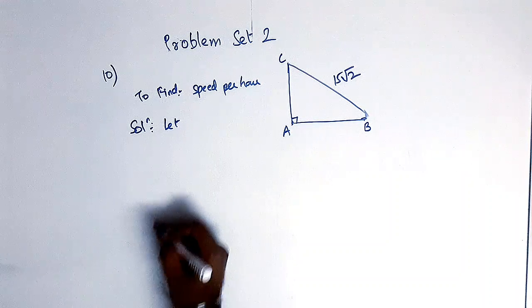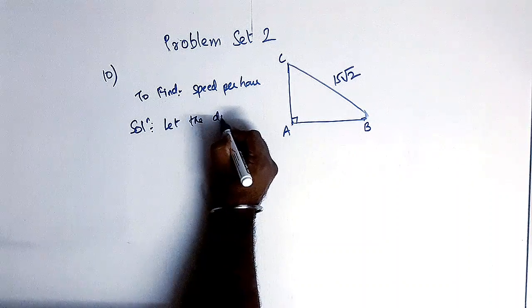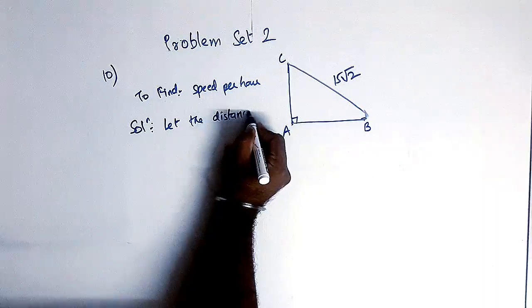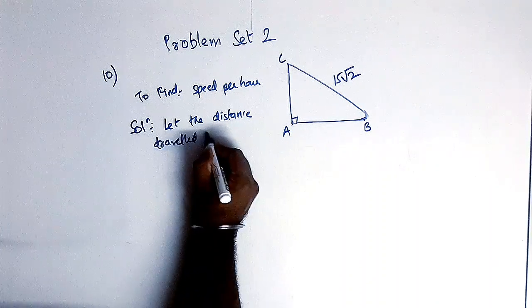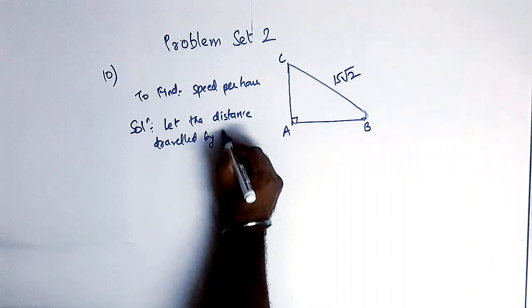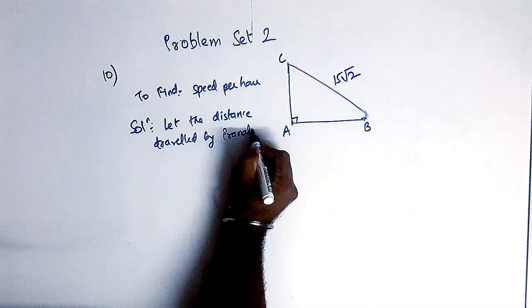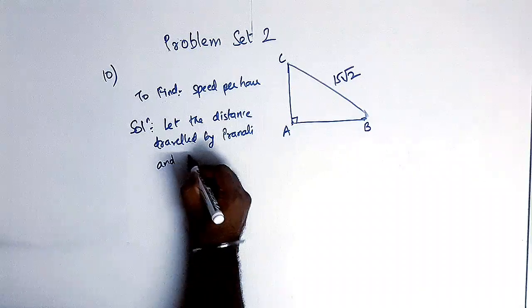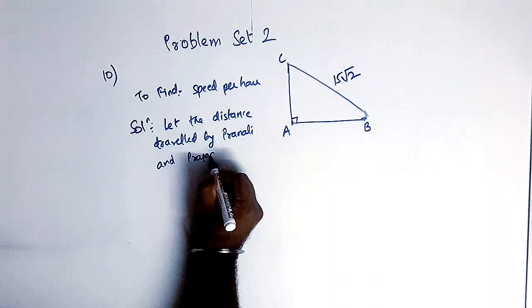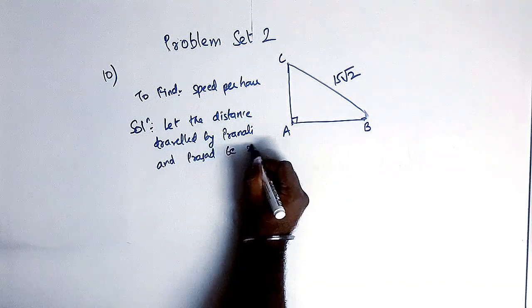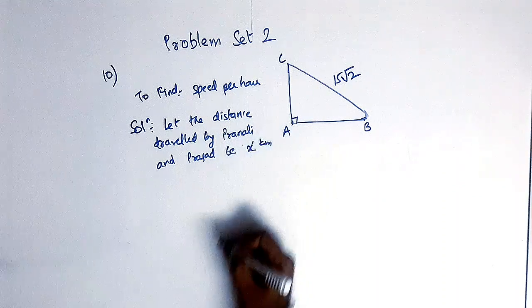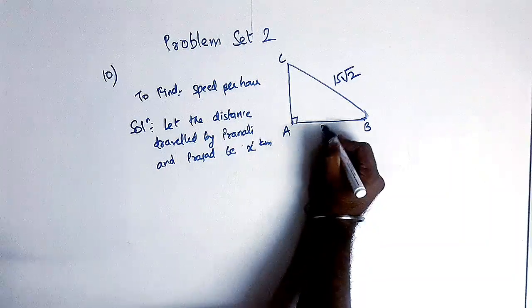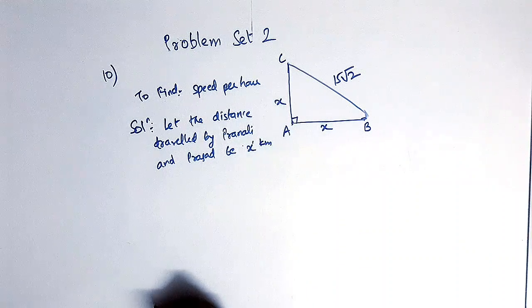Let the distance traveled by Pranali and Prasad be x kilometers. So this is also x, this is also x.